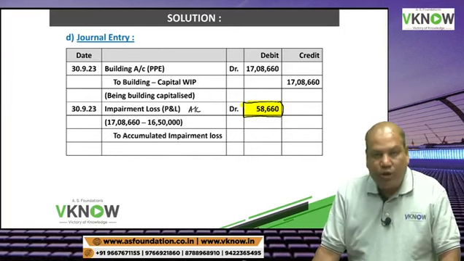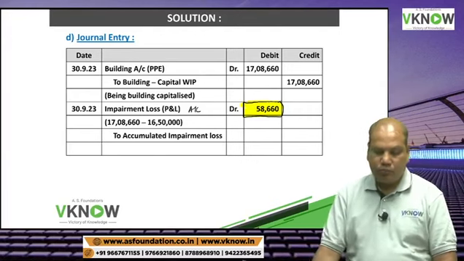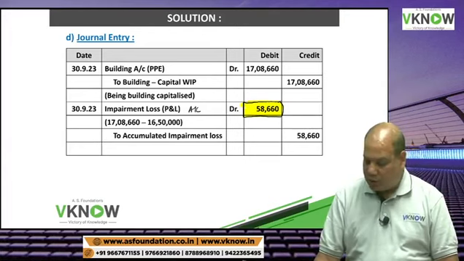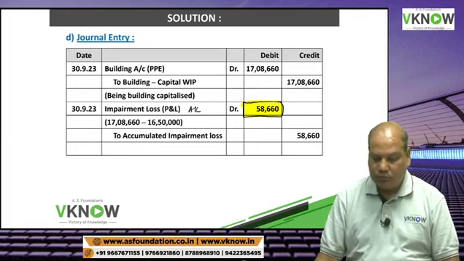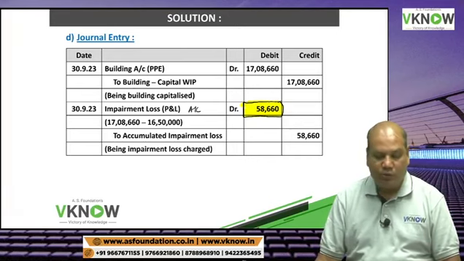58,660. Credit will be to accumulated impairment loss. Sanket is right. 58,660, being impairment loss charged.